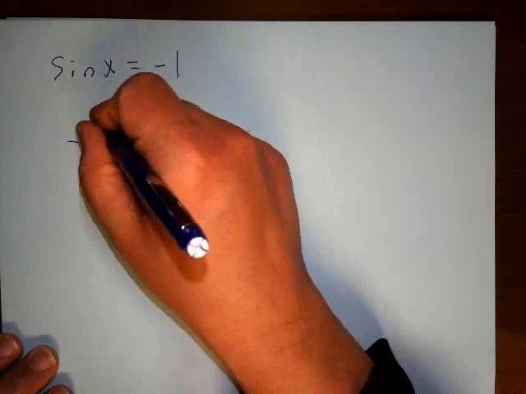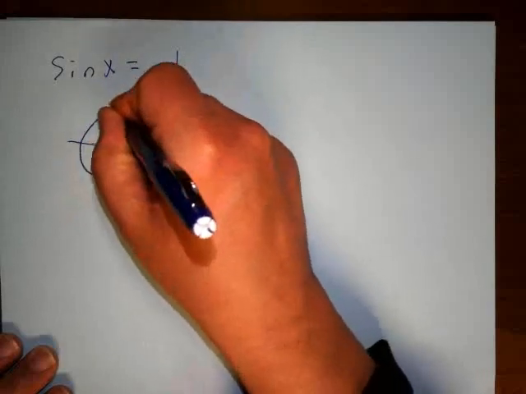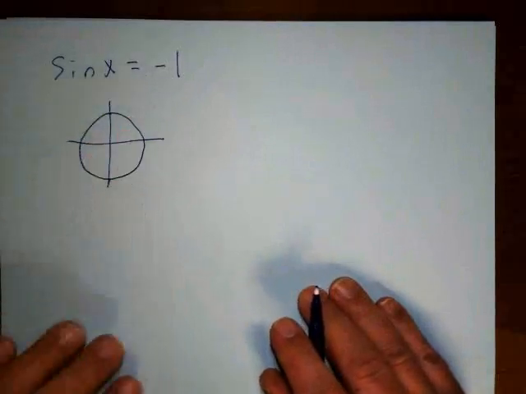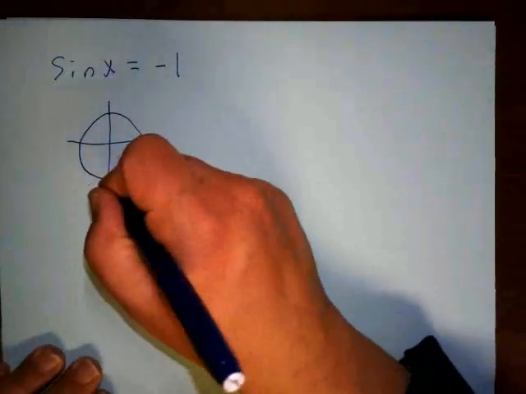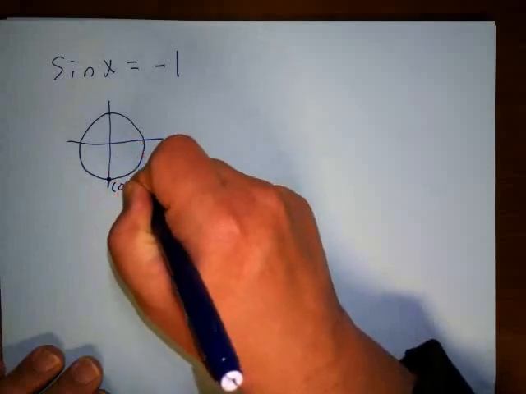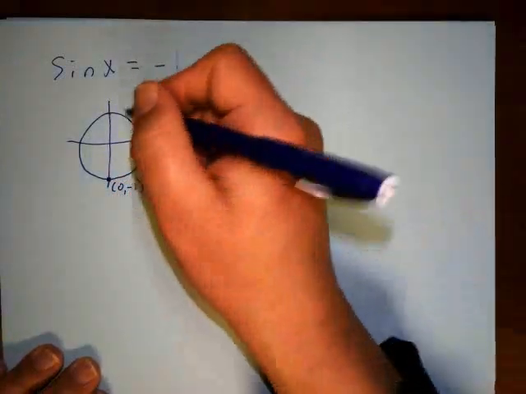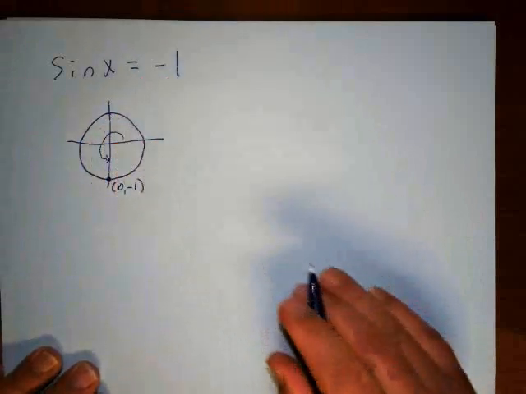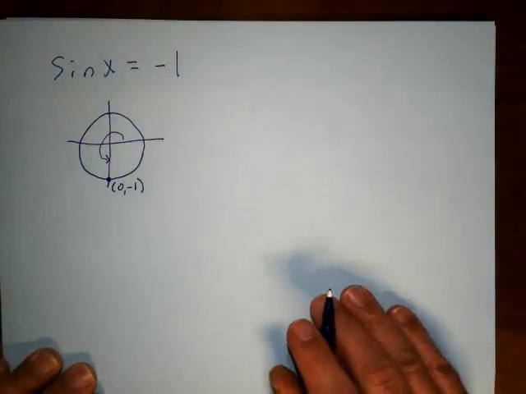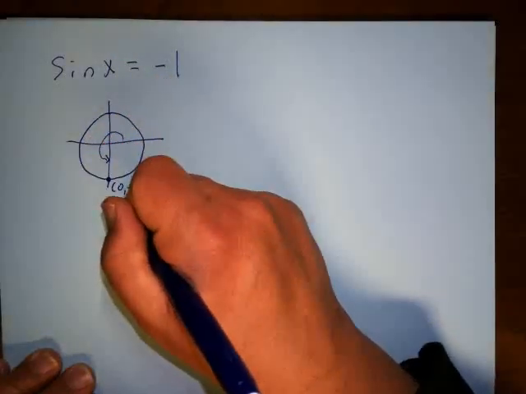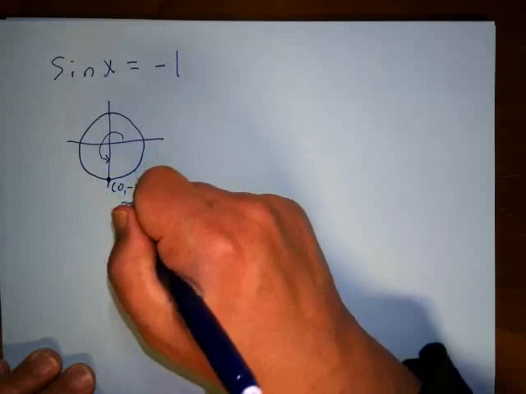You want to know when the y-coordinate is -1, and that's this place down here. You get 0, -1. And that angle there is 3 pi over 2.